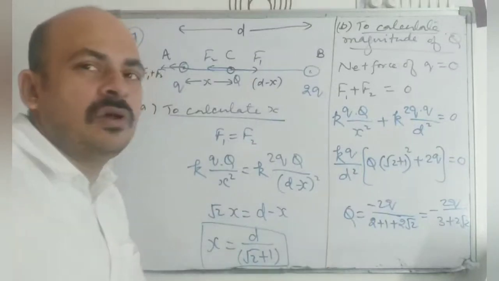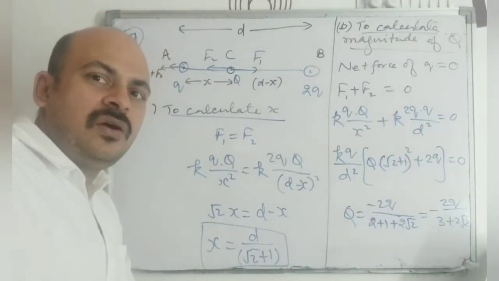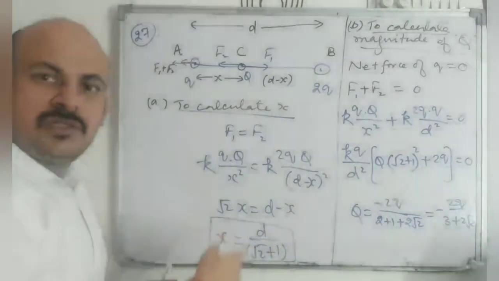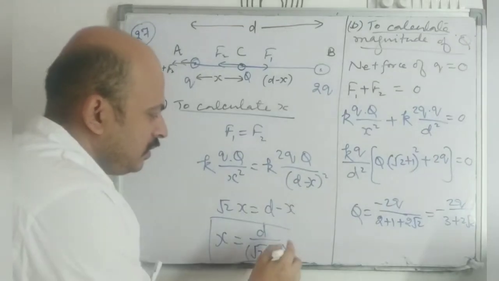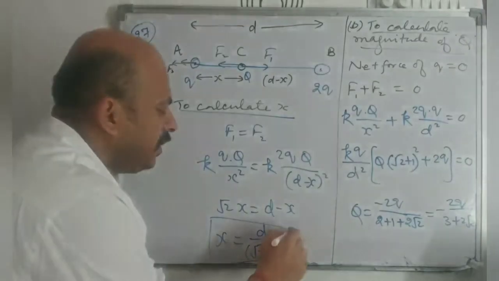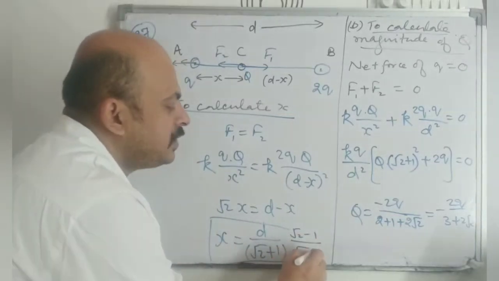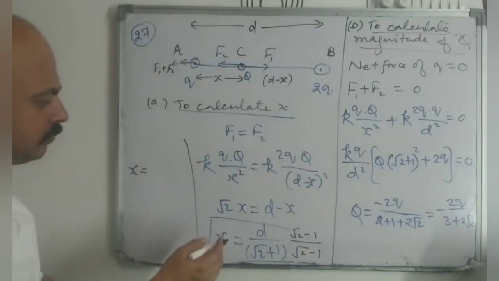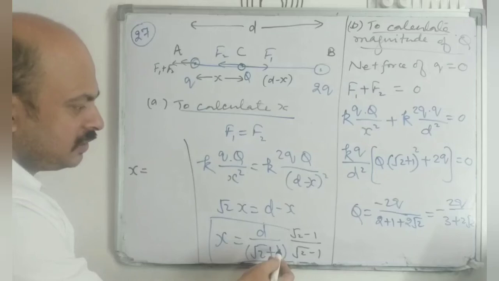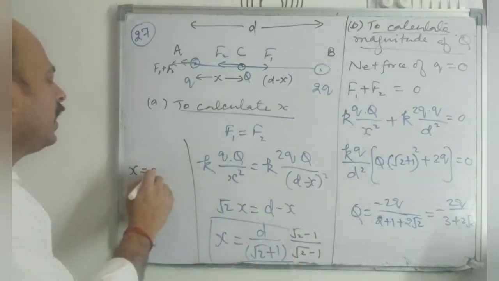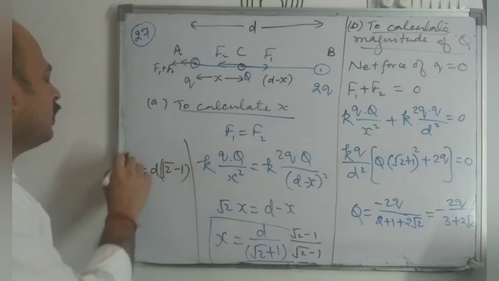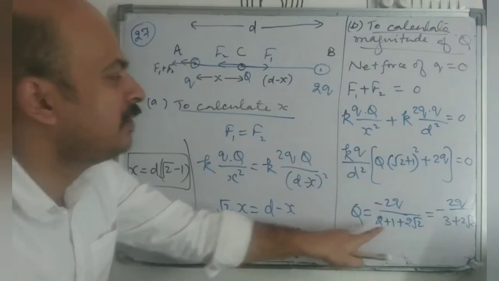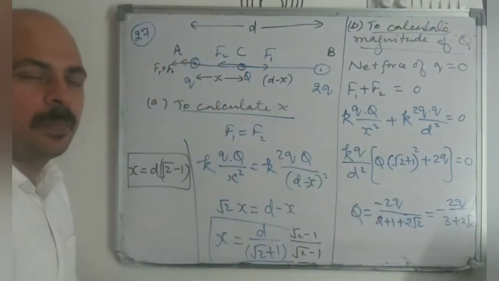This is the magnitude of the charge given on C. The answer is not matching the book, so you have to rationalize. If you multiply root 2 minus 1 upon root 2 minus 1, then you will get x equal to, that will be 2 minus 1, that is 1, and this is root 2 minus 1, so that will be d root 2 minus 1. So take that value of d here, you will get a slightly different answer than this, or you can rationalize here also.